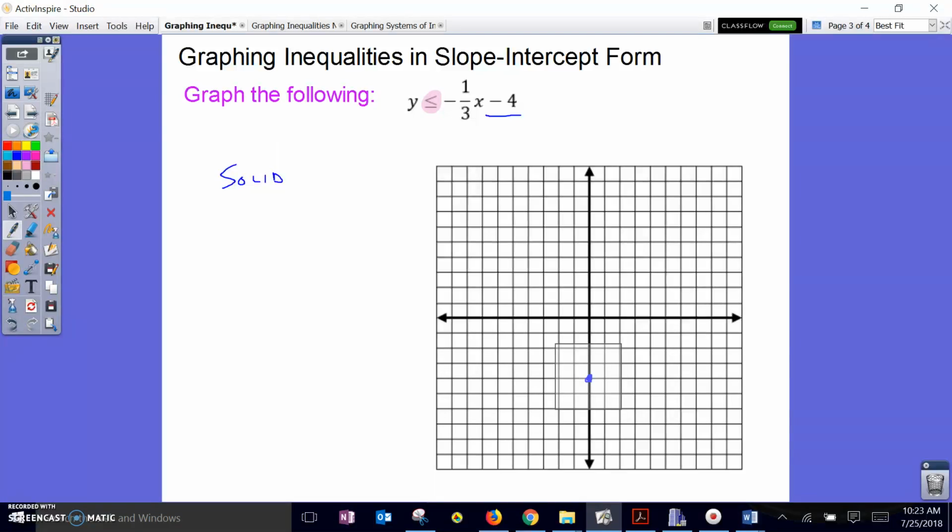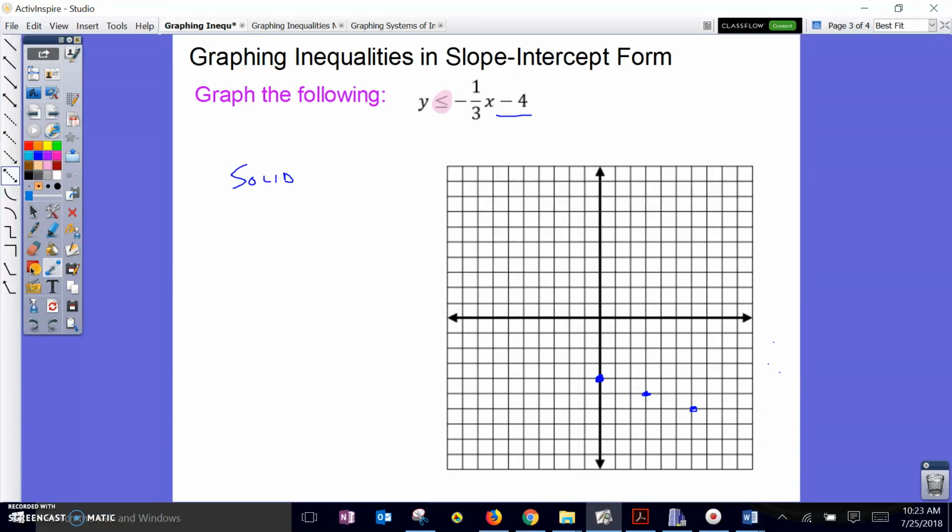So I plot point negative 4 on the y-axis, and then I've got a slope of negative 1/3, so I'm going to go down 1 and over 3 to the right, down 1 and over 3 to the right, and then I want to draw a solid boundary line through those points.